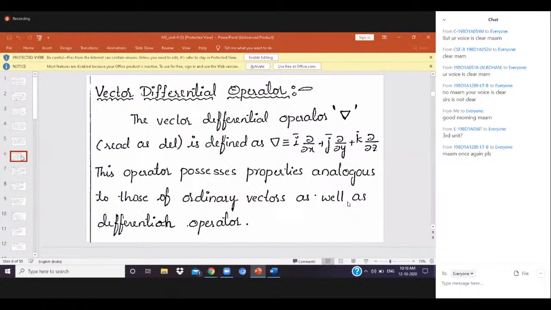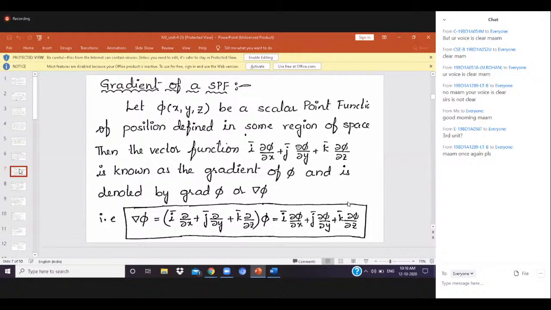Using this vector differential operator, we have different definitions depending on it. First definition is the gradient of a scalar point function. Already we know what a scalar point function is.